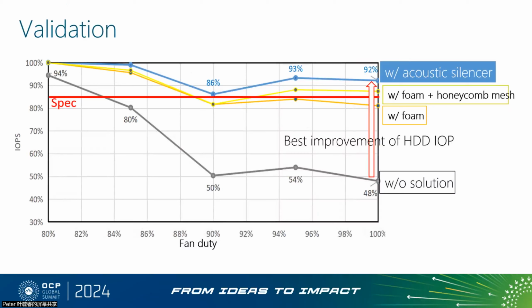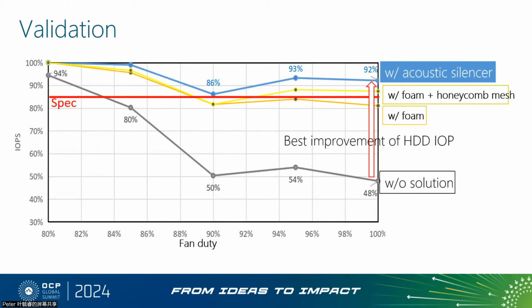In the context of HDD operation under specific workloads, increasing the fan speed from 80% duty to 100% duty can adversely affect HDD IOPS performance, potentially causing it to fall below the corporation specification threshold. This scenario indicates that the HDD may be at risk under such utilization patterns. In some worst-case configurations, neither porous foam nor honeycomb mesh proves sufficient to mitigate this risk.